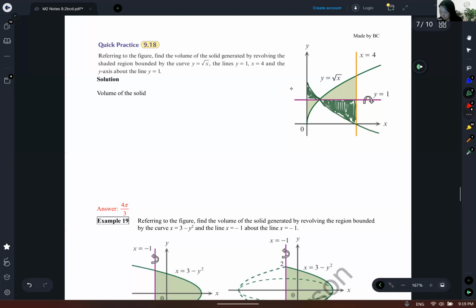I have the left piece, which is x equals 0, to the right piece, x equals 1, x equals 4. I think I'm just going to integrate from 0 to 4. As to the pieces, these are disks.